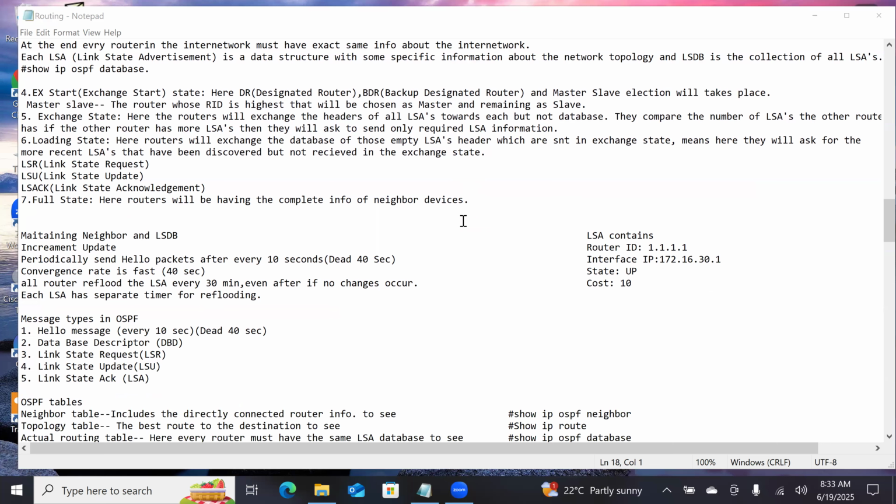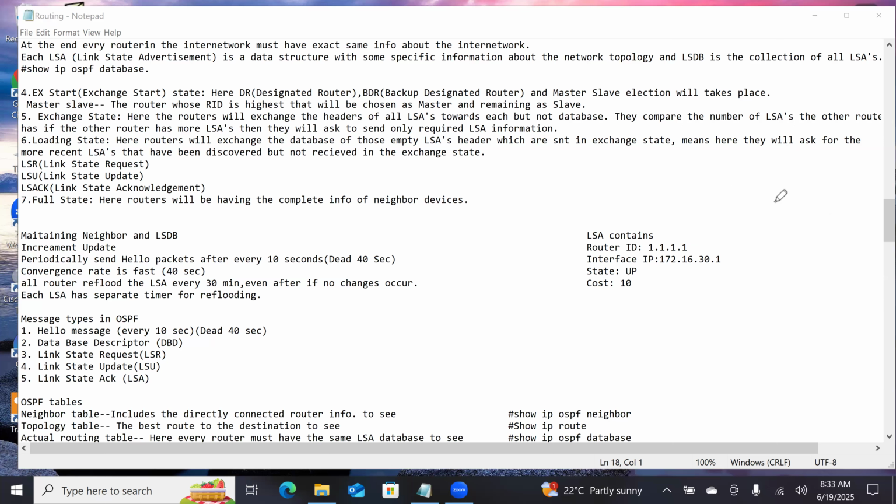Yes, Murali. STP, right? There we had cost value, the root path cost.